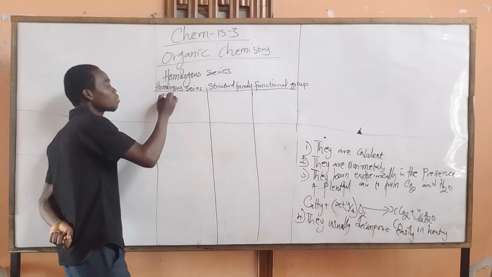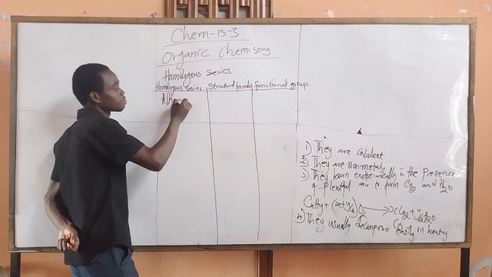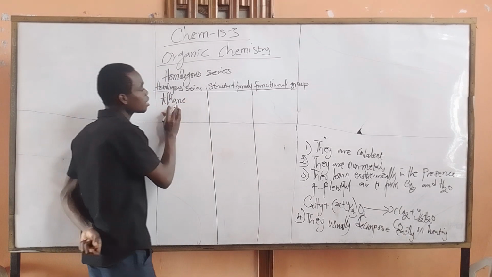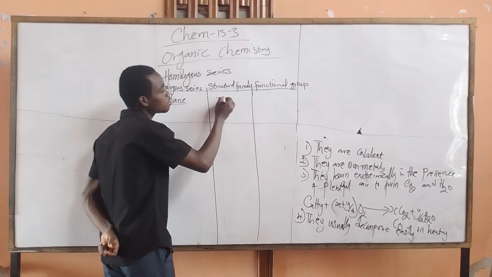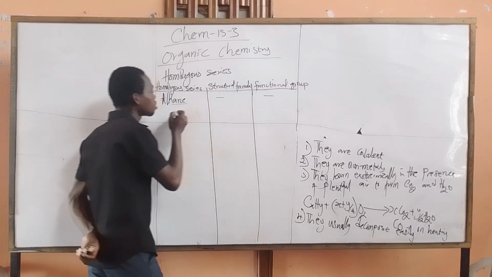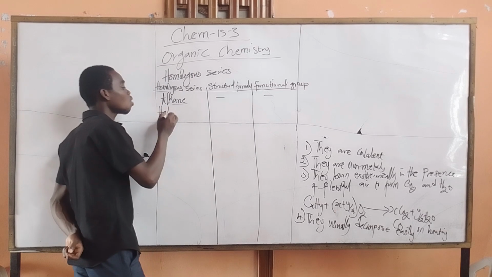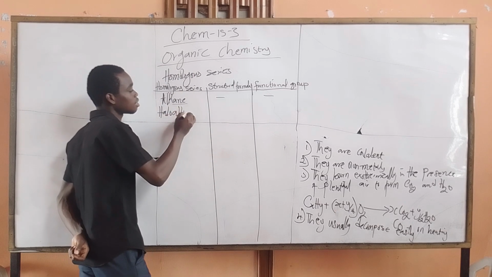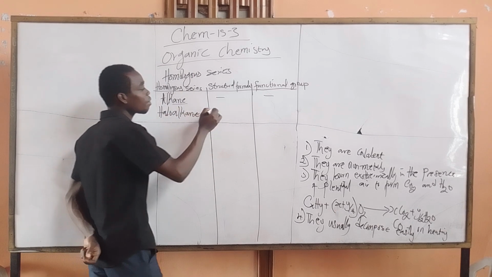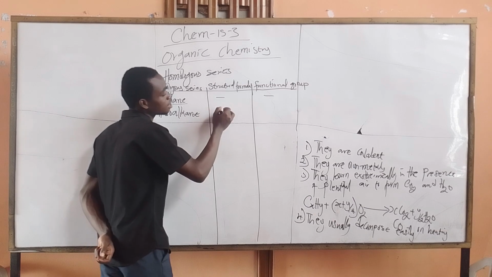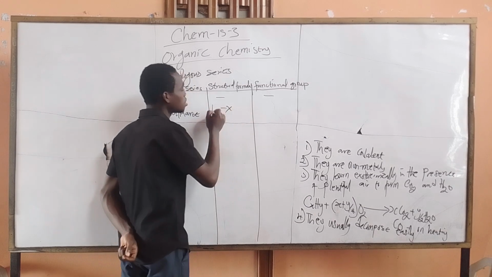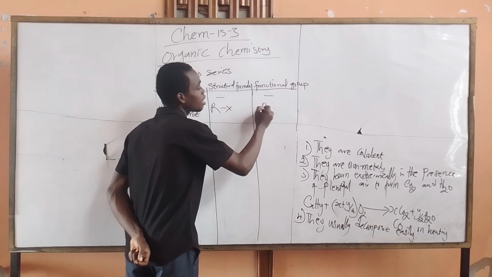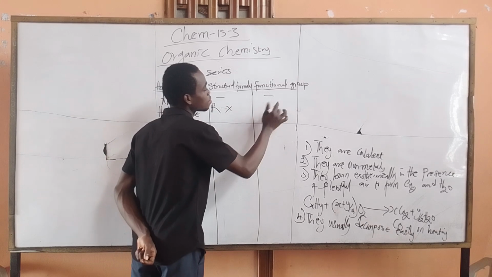So here we have the alkanes. The alkanes, they have a single bond. We have the haloalkanes. The haloalkanes are formed when halogens combine with alkanes. So you have something like this.